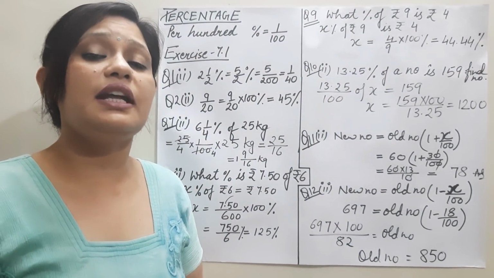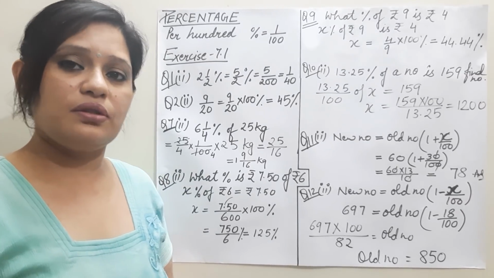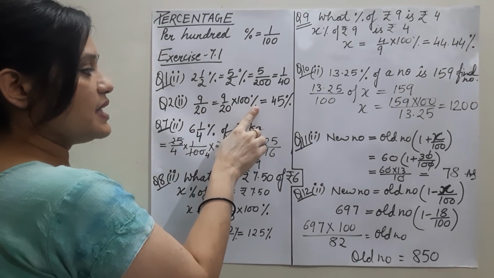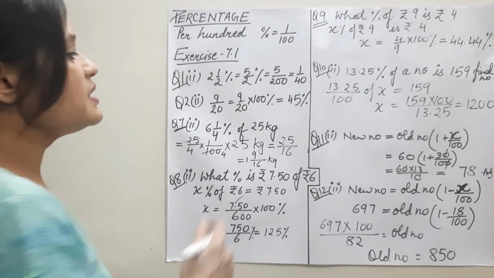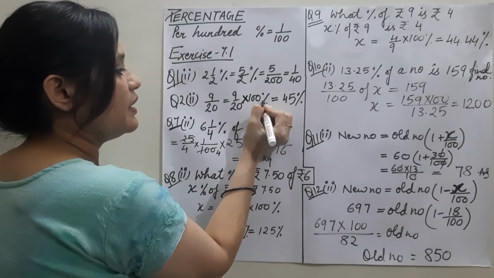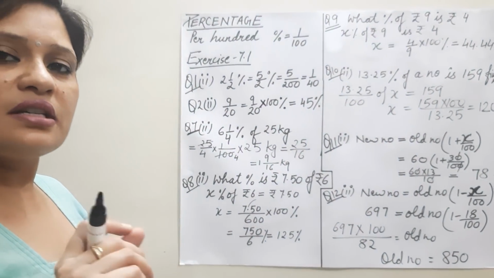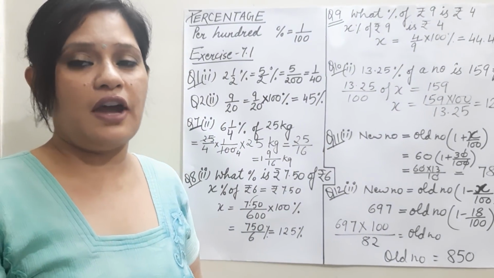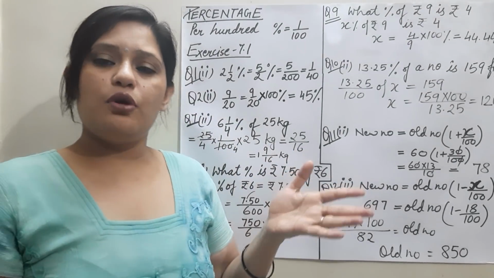So we have not written anything extra which can change the value of the fraction. So in short, if you have to bring percent sign, you have to multiply by 100. One thing you have to notice, wherever you will multiply by 100, in the same step you will introduce percent sign. When you will solve it, you will get 45%.